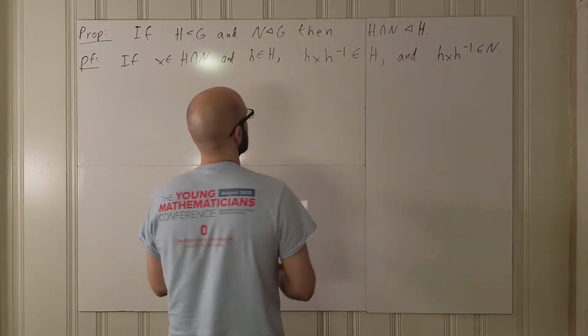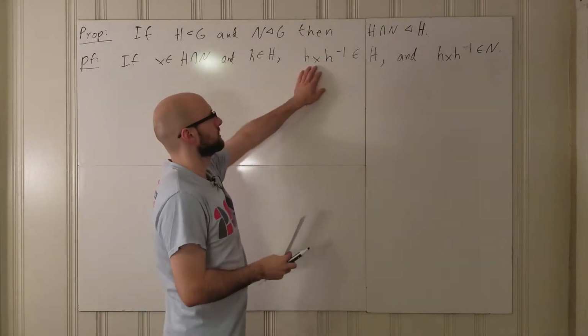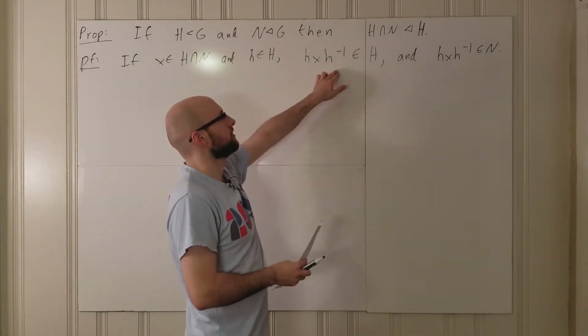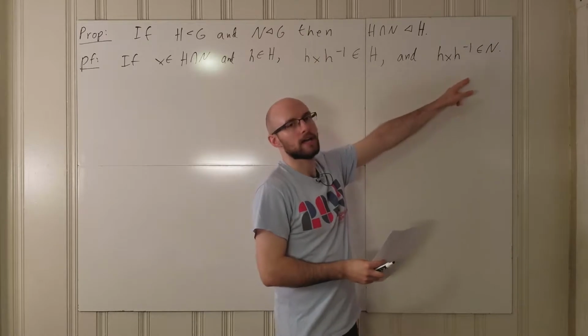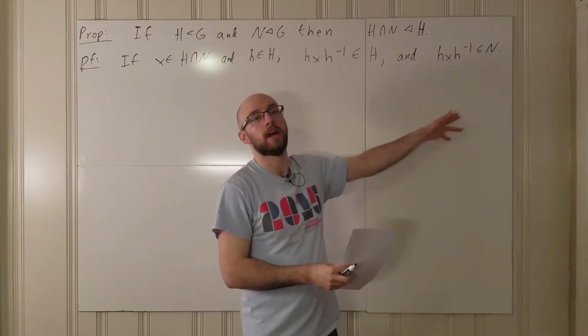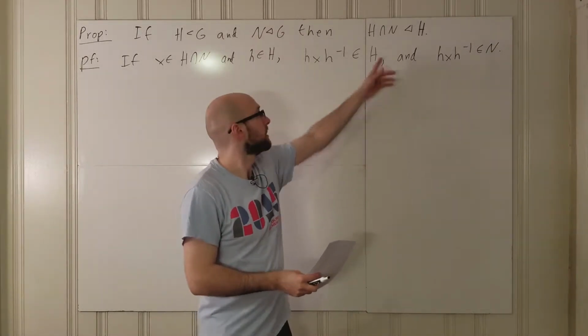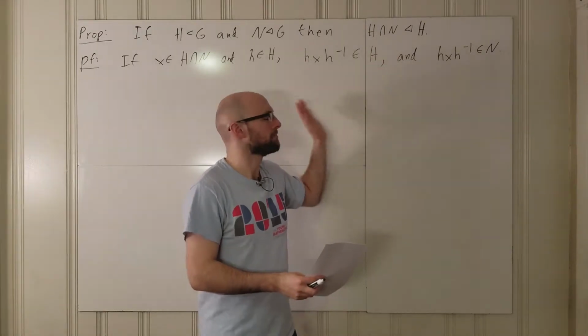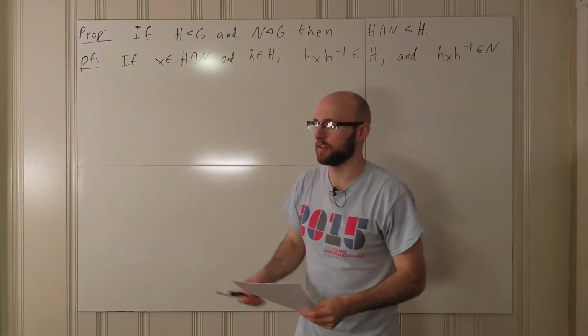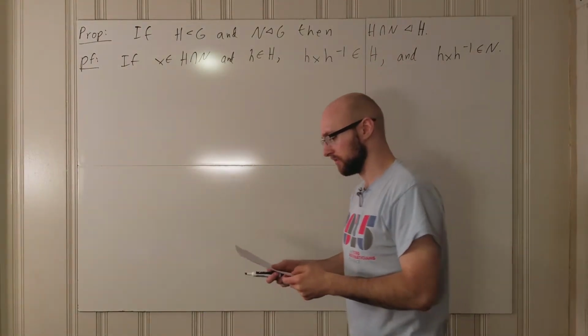And so, now that h x h inverse is in H, and it's in N, then it's in the intersection, and that means that H intersect N is normal in H. And I'm not going to write the rest of that because it'll take another line, and I don't feel like using another line for that.